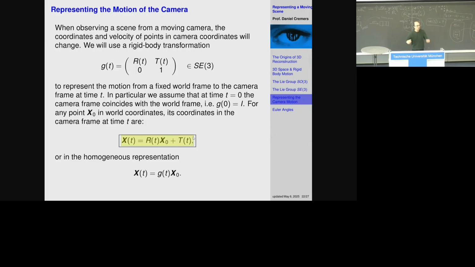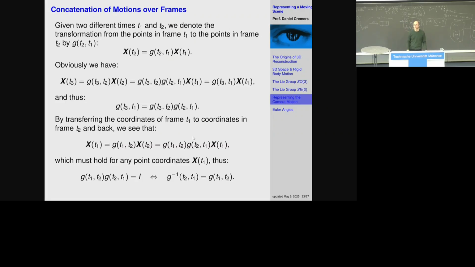Every time you add a new transformation, you have to multiply with the matrix and add the translation, and then you get more and more terms in your expression. It doesn't look pretty, whereas here it's still fairly simple to concatenate. That's one of the reasons why you like homogeneous coordinates, because expressions stay fairly simple. Transformations are just matrix multiplications.